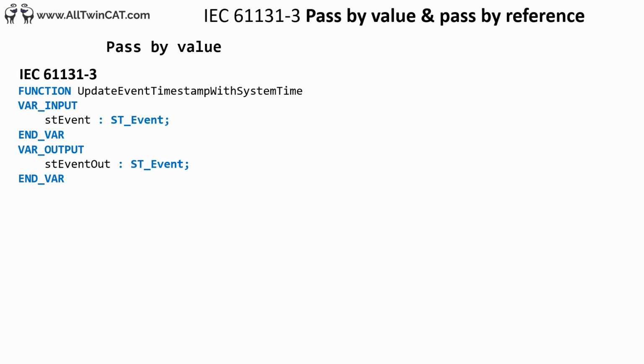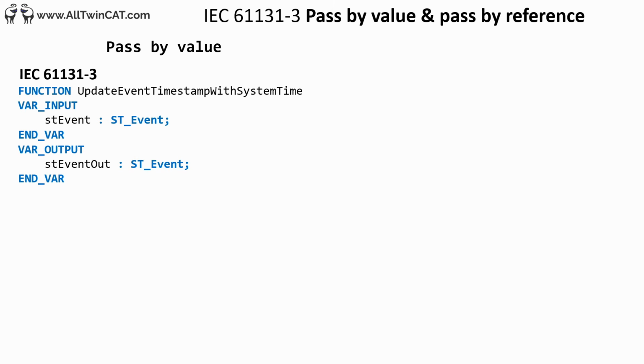Let's look at some examples of how it could look like when we are passing parameters by value and by reference. Let's imagine we are writing a function, update event timestamp with system time, which takes our structure event that we previously defined as an input parameter and changes the date and time field of it to the current system time.